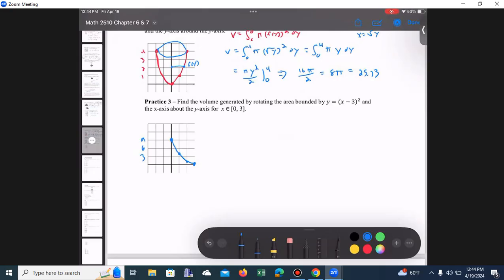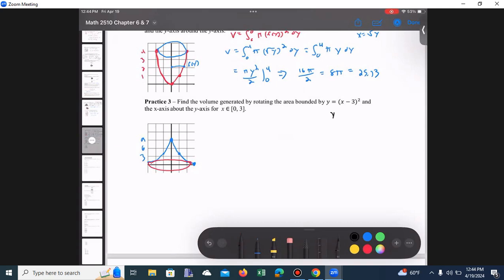And we're again going around the y-axis. It looks kind of like a tent in a way, or a hat. And then we're going to solve this for x.